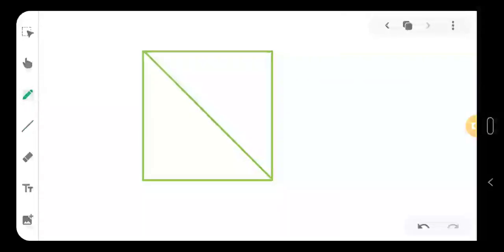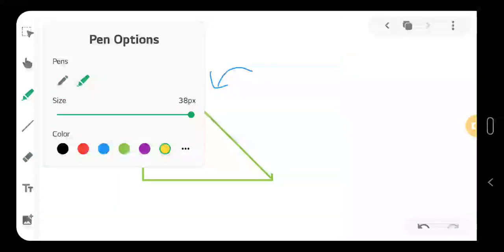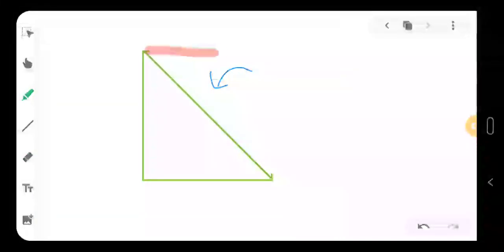If I fold the paper halfway, that means this portion I am just folding it. So ultimately what I will get? I will get something like a triangle, right? I'm using a highlighter to show the previous part. So this was the previous part, and now it has become a triangle.